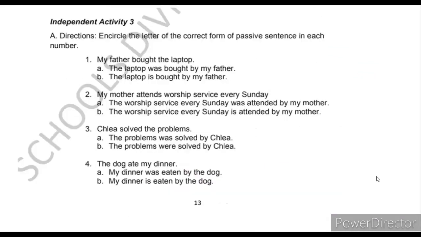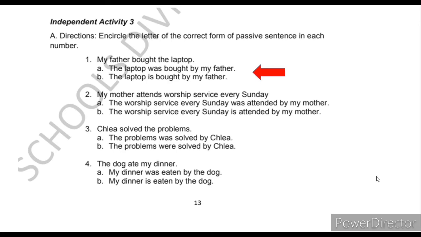Okay. Now let's proceed with independent activity 3. Letter A. Encircle the letter of the correct form of passive sentence in each number. So let's have number one. My father bought the laptop. So sentence number one is in the active voice.